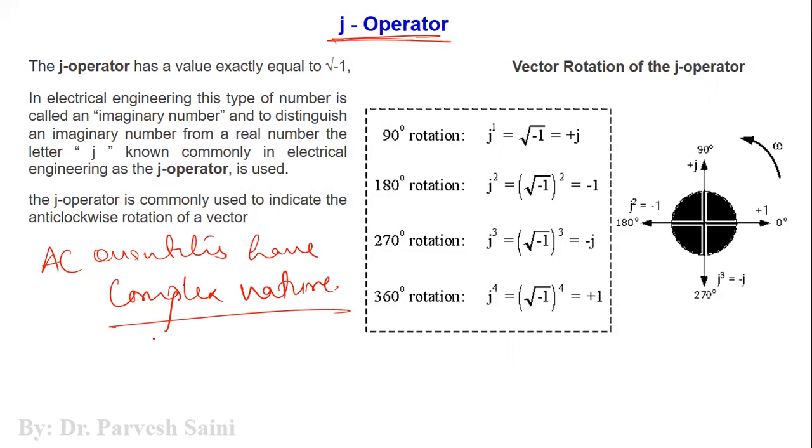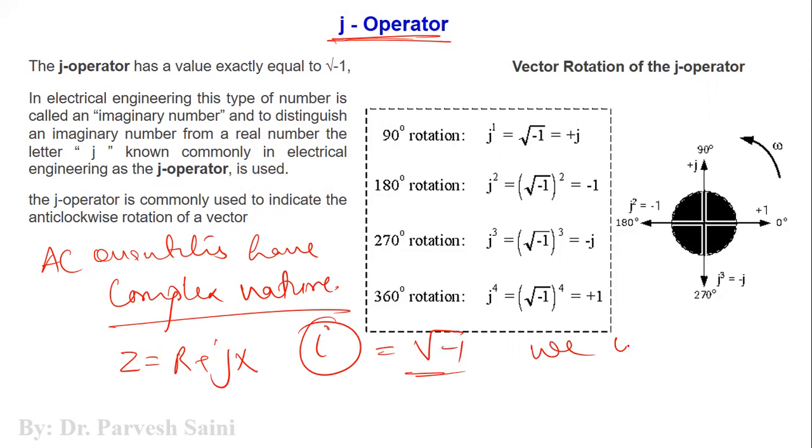Generally, if you talk about the impedance, which is equal to R plus jX, instead of using iota, which is equal to under root minus 1, we use j is equal to under root minus 1, because I is used for the current.